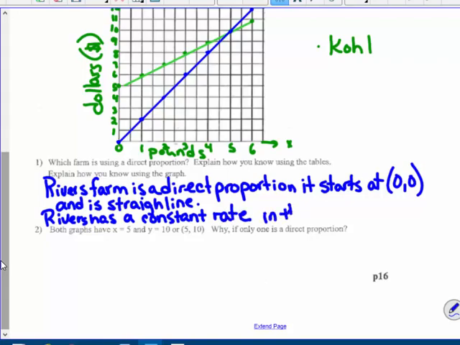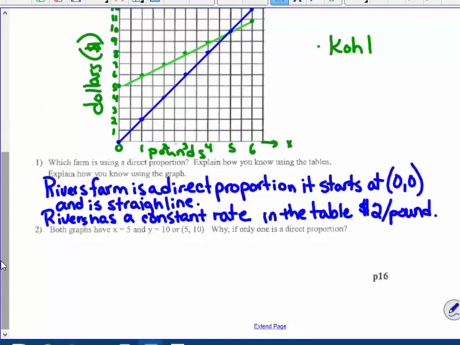In the table, $2 per pound. So Rivers is the direct proportion relationship. Both graphs have x equals 5 and y equals 10, or the point 5, 10.